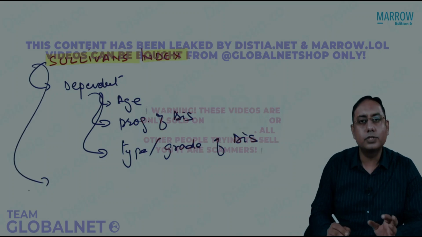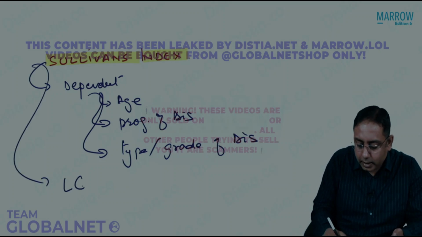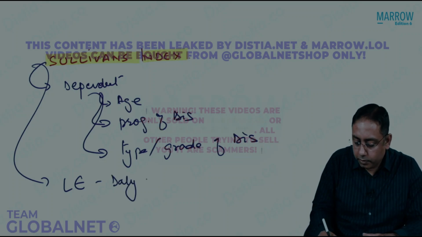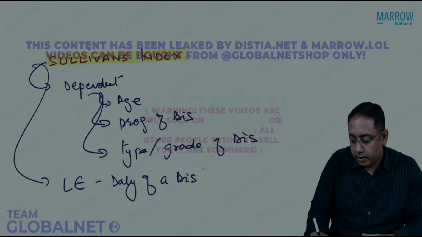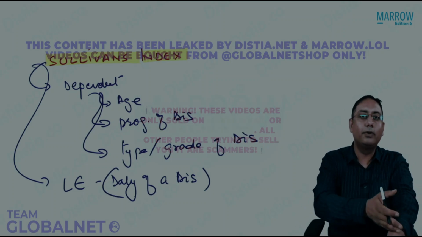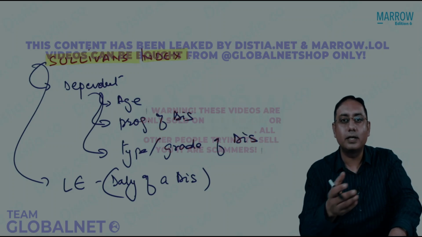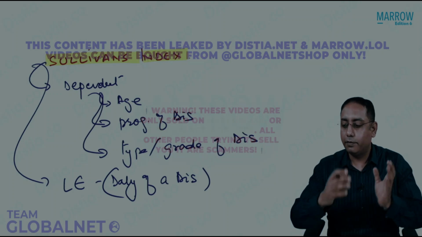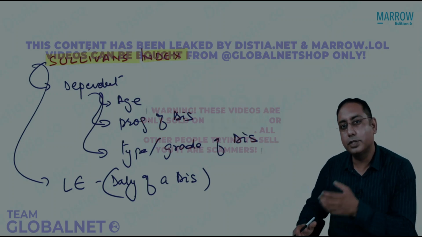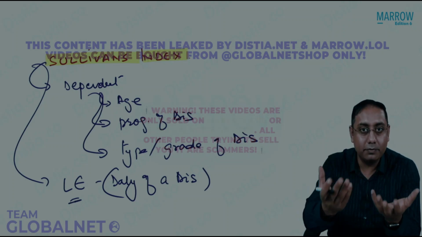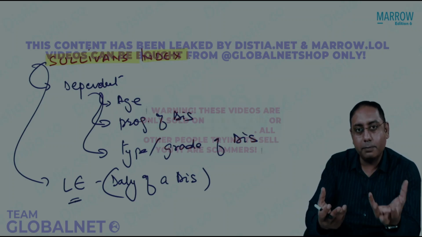So how do we calculate the Sullivan index? It is simple. It is the life expectancy in that area minus the DALY of a disease, minus the number of years that person is going to live with disabilities at that particular age. So if a person gets cancer at 20 years of age, probably the Sullivan index will be different. If a person gets cancer at 80 years of age, the Sullivan index will be different, because it is the life expectancy, the number of years remaining for that person.